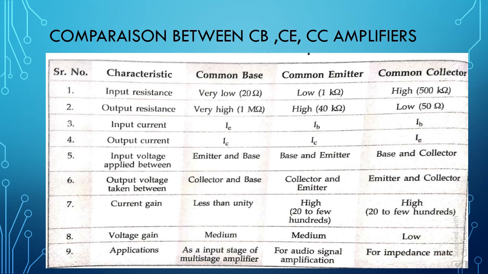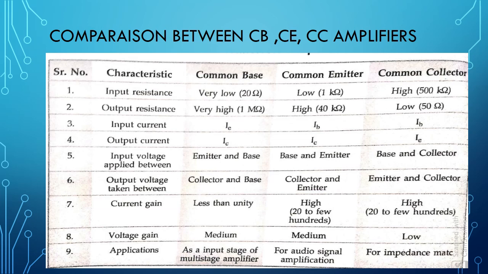So in the common base, the output current is IC, and the input current is IE, so IC by IE. Usually in transistor action the collector current and emitter current are nearly equal, so that's the reason why the current gain of the common base is less than unity. We can also say that it is nearly equal to 1.